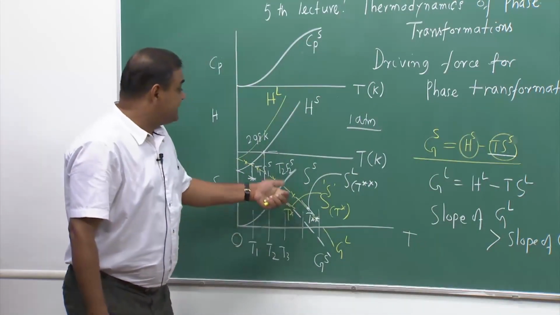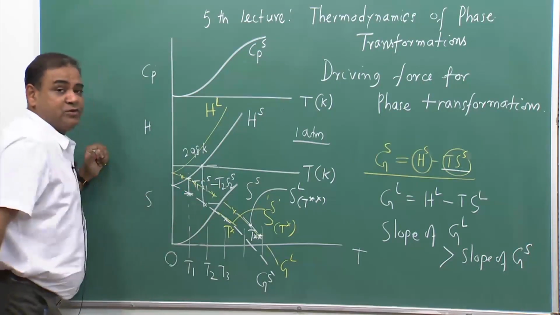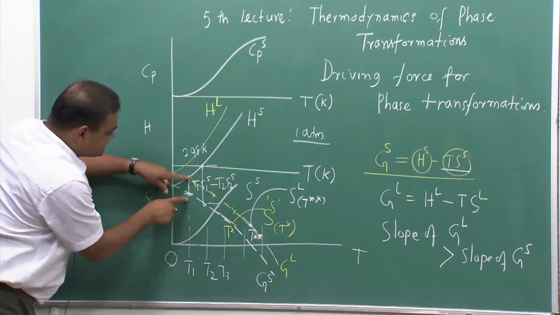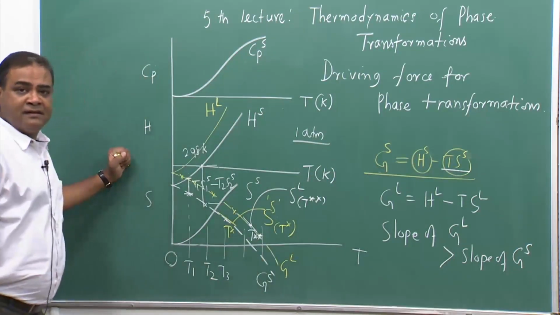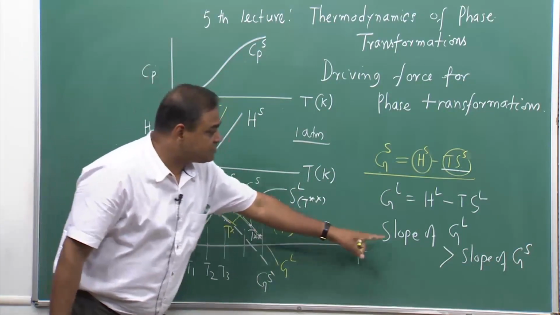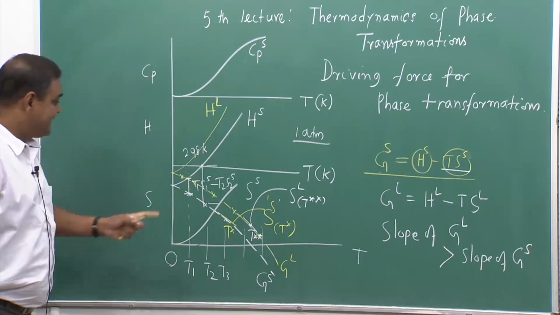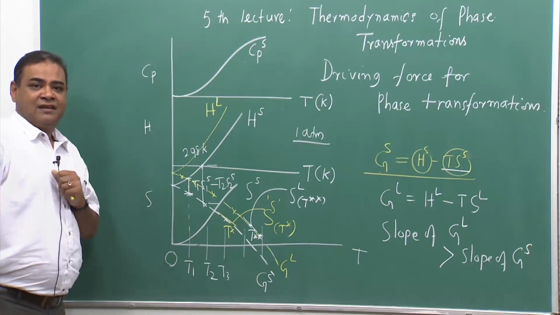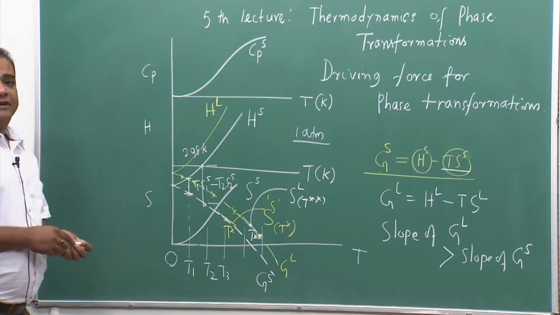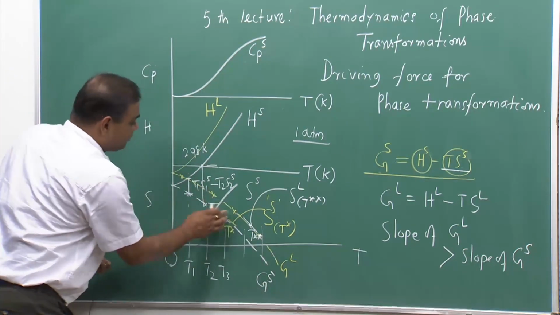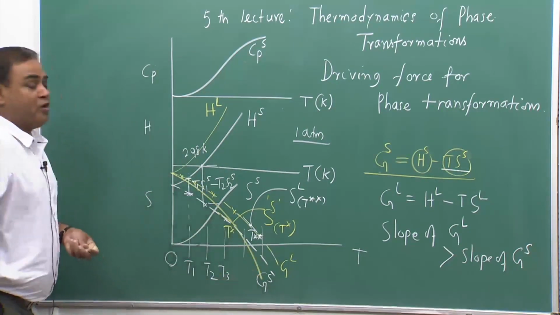And also there is a negative term, because these points are obtained after putting a negative sign, because H minus Ts gives this G term, because G is nothing but H minus Ts. So, if the slope of GL is higher than the slope of GS, that suggests that they cannot go without crossing. So, they would cross at some point, because this slope is higher than the slope of this.